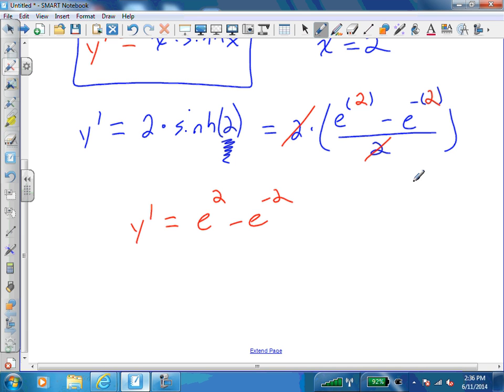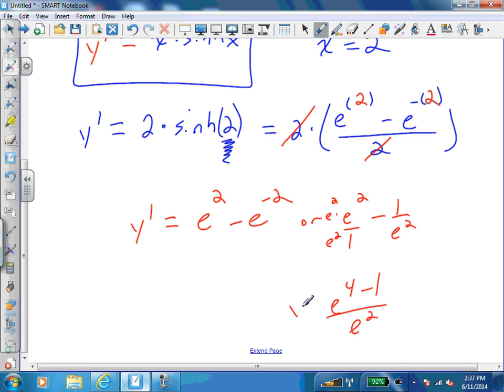Which is fine like that. If you were bored, you could say, well, that's 1 over e squared. So if we get a common denominator, if I put an e squared here, I'll need an e squared there. So we'd have e to the 4th minus 1 over e squared. Which you could just take and put in a calculator and get as a decimal if you wanted.